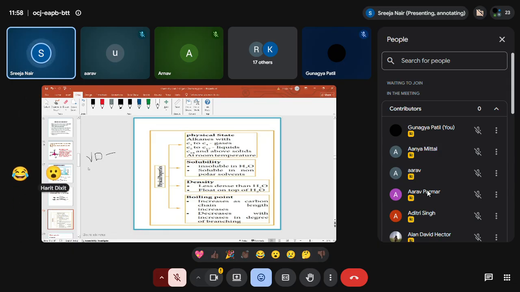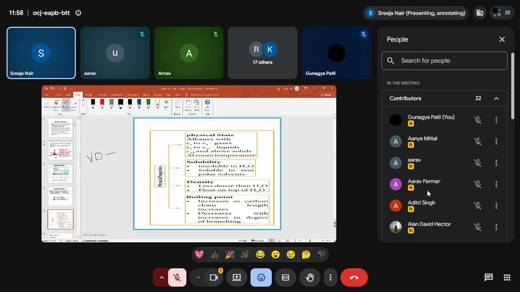That is the formula that we have seen. So the molecular mass is 2 into vapor density. This formula we saw when we were doing the empirical formula.